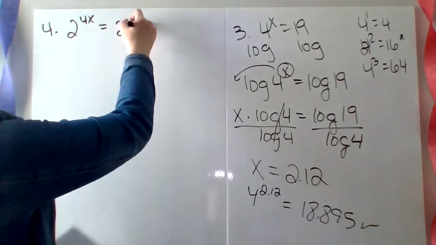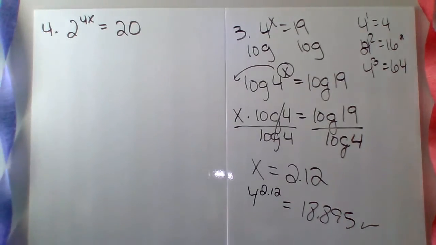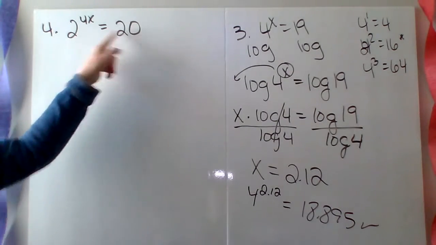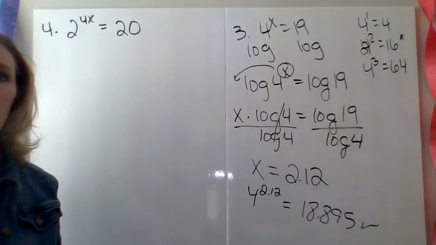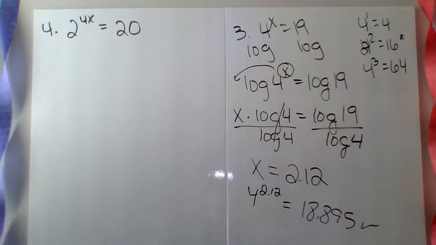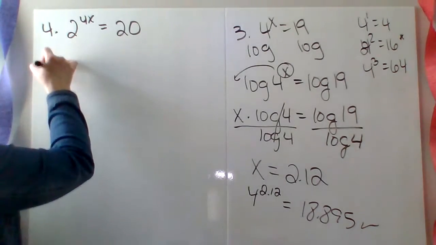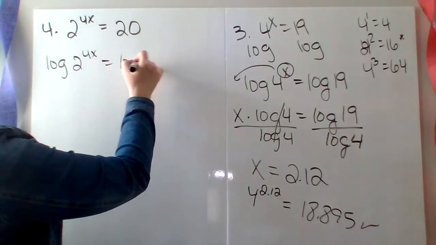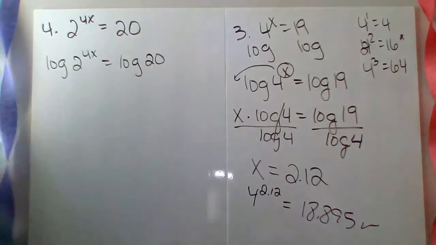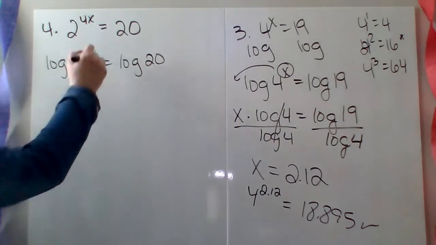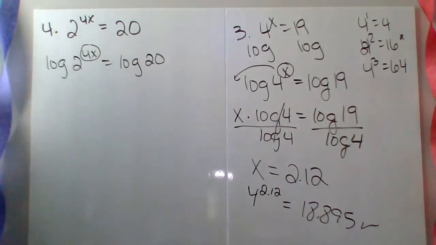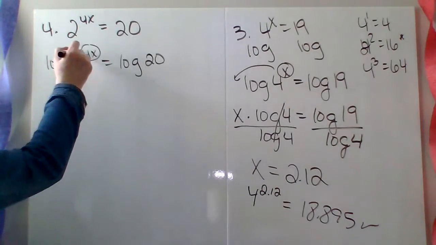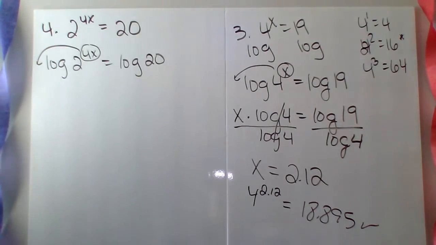2 to the 4x equals 20. Can I write 20 using a base of 2? No. So anytime you can't do that, you're going to have to take the log of both sides. Anytime that you have an exponent, which you will, you're going to use your power property and you're going to move it to the front.